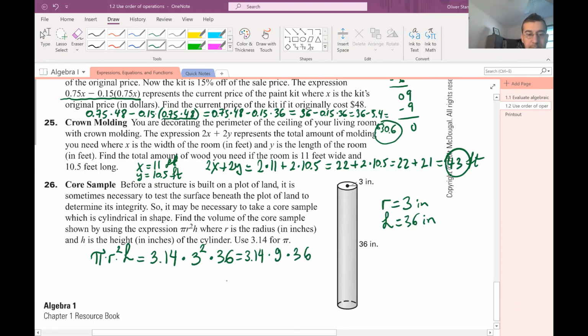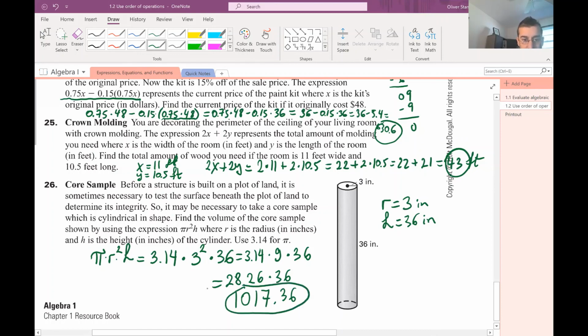And then we do multiplication, and let's use the calculator in this case. So 3.14 times 9, we get 28.26, and then times 36, we're going to get 1017.36, and that's the solution.